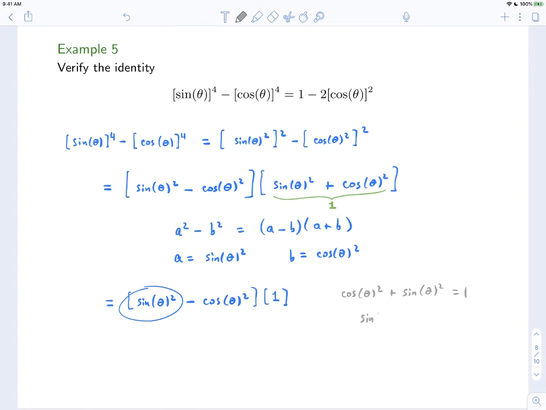So sine of theta squared is equal to 1 minus cosine theta squared. And I'm going to take this value and plug it in right there, because I have that sine of theta squared is equal to 1 minus cosine of theta squared.